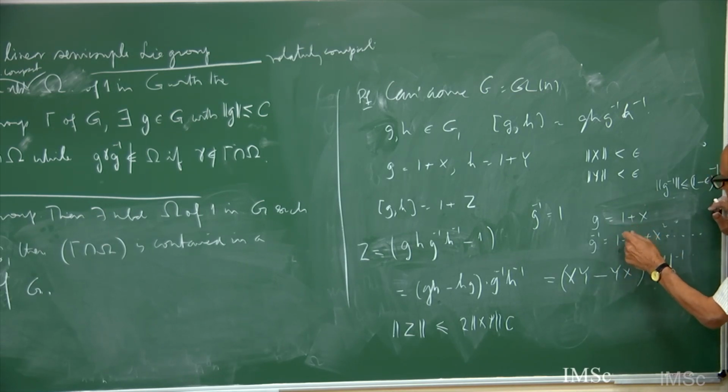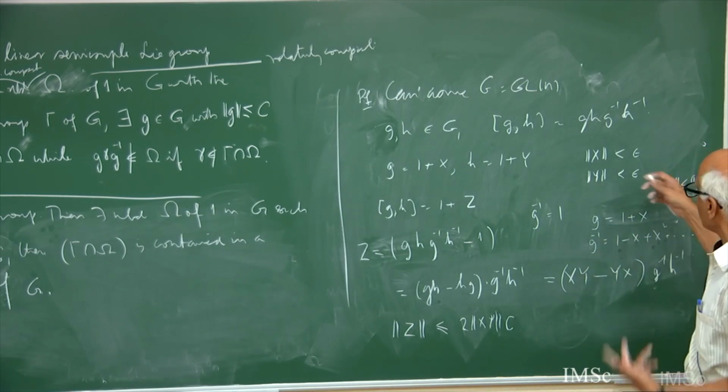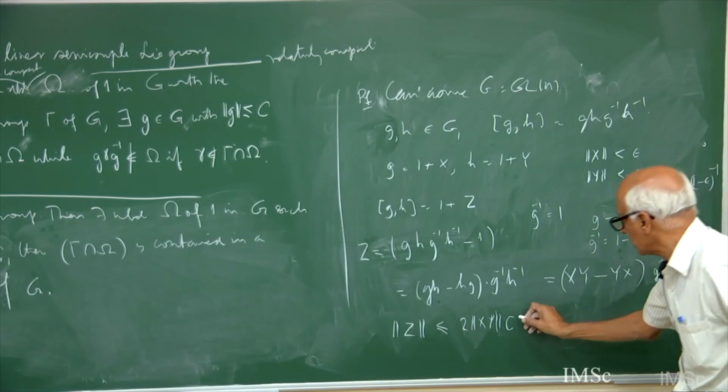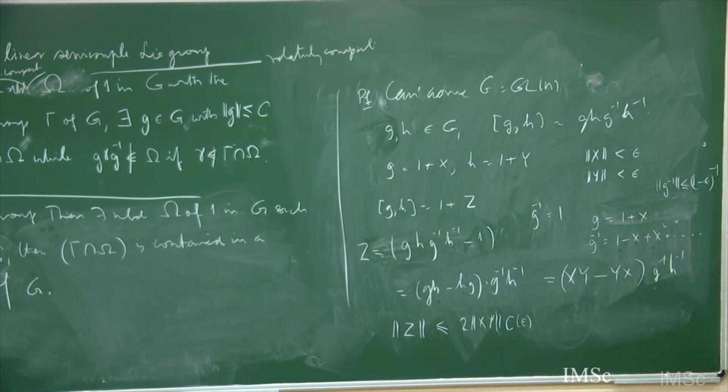So I'll have to replace by 1 plus norm X plus norm X square, etc. If I want to estimate the norm of G inverse, I'll have to put plus everywhere and norm everywhere, which is 1 minus epsilon inverse. Norm X is less than or equal to epsilon, so 1 minus epsilon inverse. Okay. So if I fix epsilon, this C will depend on epsilon anyway. C epsilon.